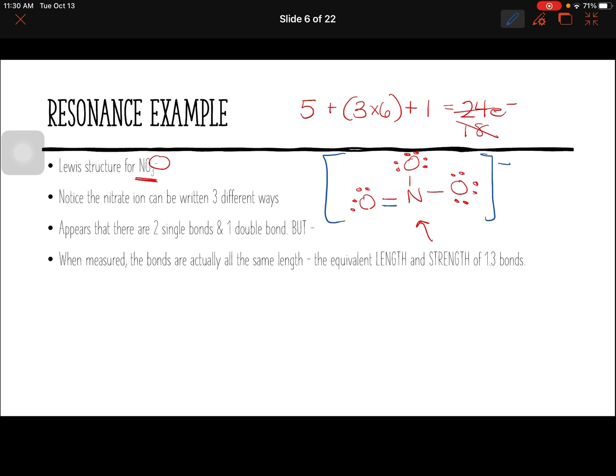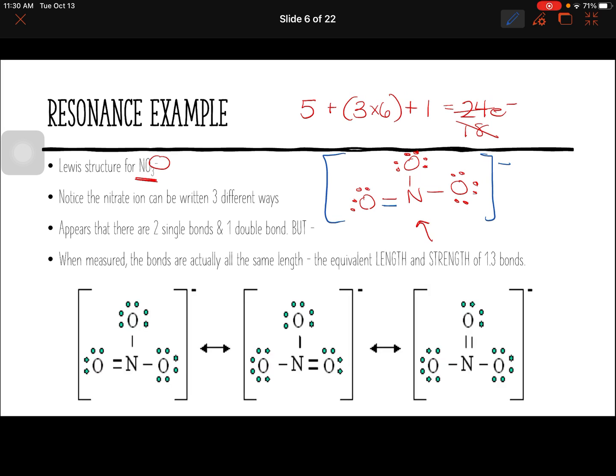So when you draw resonance structures, you're going to draw all the possibilities. Notice I did not move the atoms around. All I did was float that double bond into the different possible locations. When you put the double-sided arrow in between them, it shows that any of those are possible.